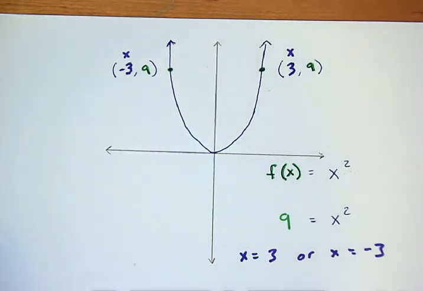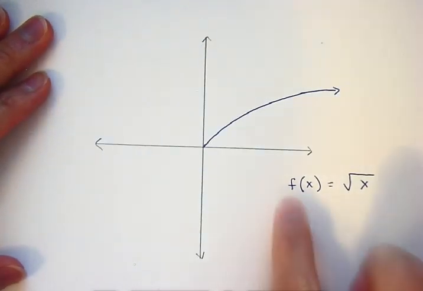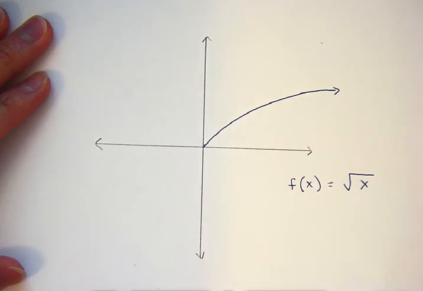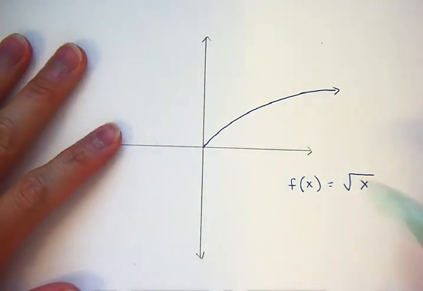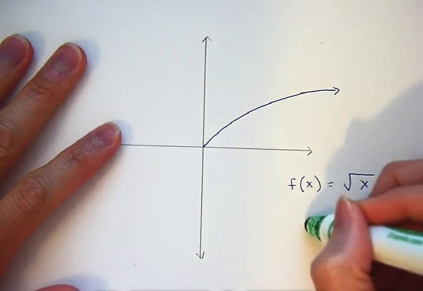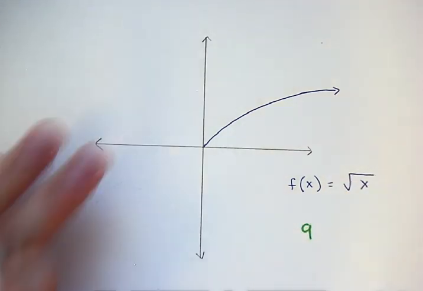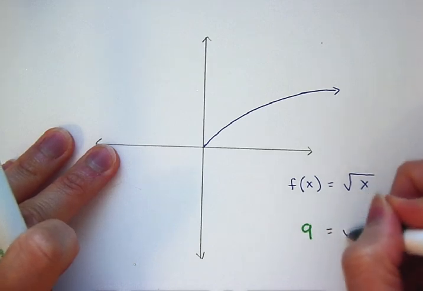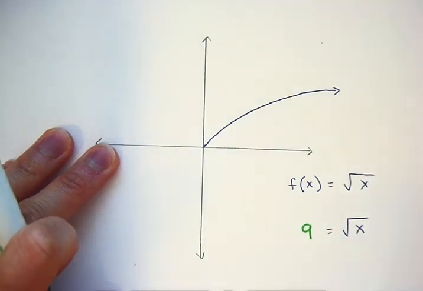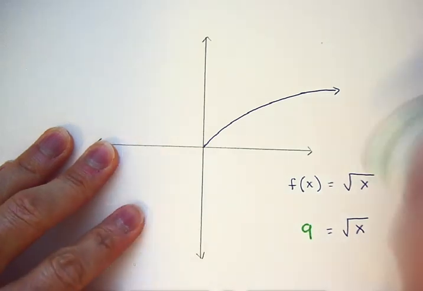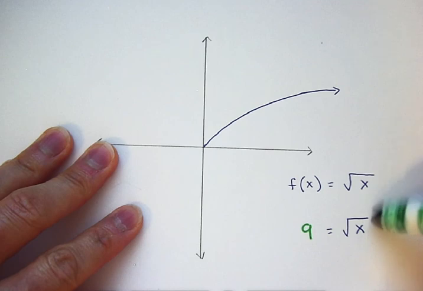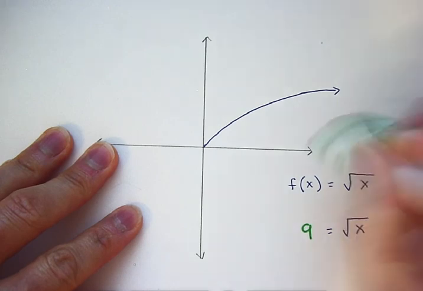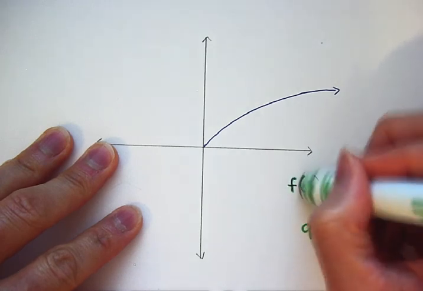Using that same sort of thought process, if I go down to this picture, this is my graph where f of x is equal to square root of x. In the question I did before, I asked you square root of x is equal to 9. And so once again, all I did to go between these two is I changed the f of x to a 9.